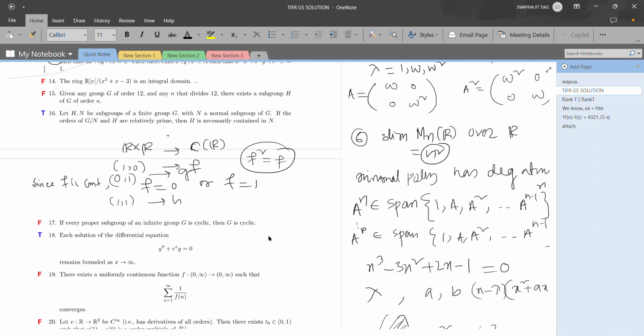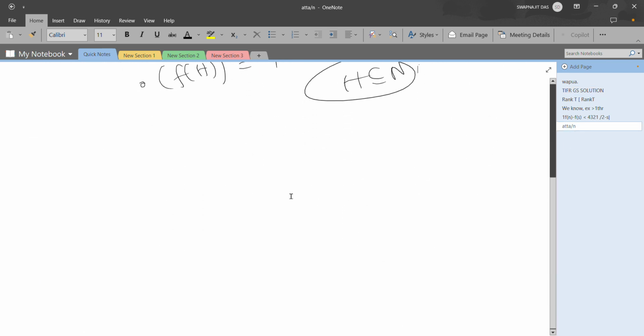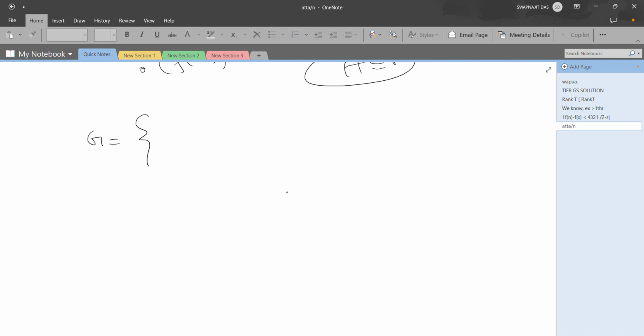If every proper subgroup of an infinite group G is cyclic, then G is cyclic or not. An example of this thing is the multiplicative group of complex numbers, the elements whose power 2 power n is 1.